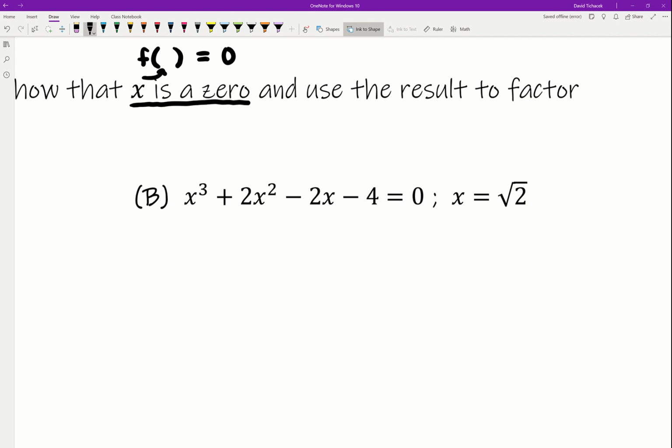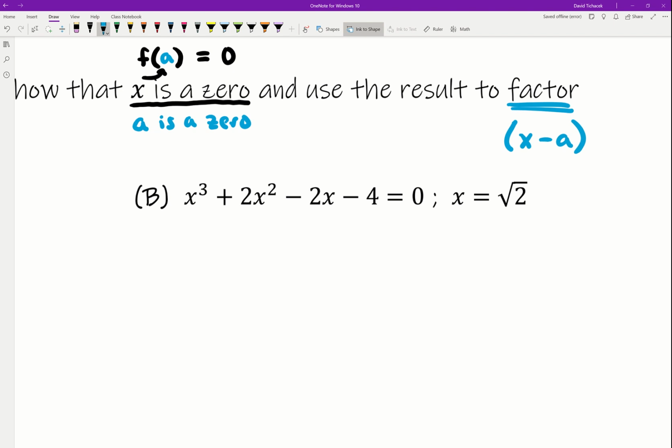One of the other things we've talked about earlier is that if you have a 0, then that automatically corresponds to a factor. So let's say we have a number a, and a is a 0, meaning that if I plug a into my machine, the output would be 0. If a is a 0 of my polynomial, then the factor would look exactly like x minus the number a in the factorization.